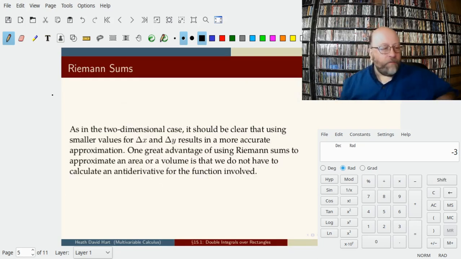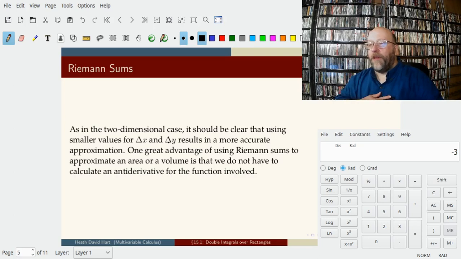So just like it was in the two-dimensional case, it should be clear that if we used smaller values for delta x and delta y, we would get a more accurate approximation. We would be using more rectangles. We would be sampling the height of the graph at more points.